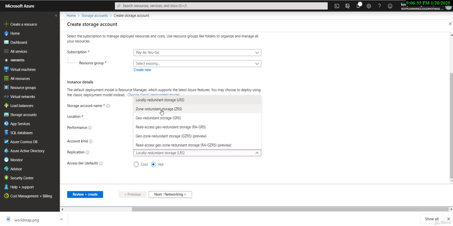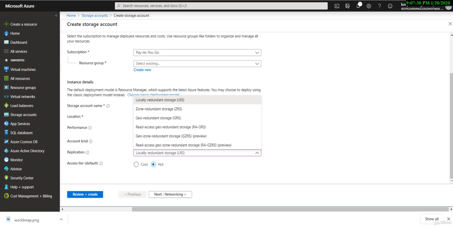Also, ZRS may not protect your data against a regional disaster where multiple zones are permanently affected. Instead, ZRS offers resiliency for your data in case of unavailability. With ZRS, you are maintaining three copies of your data, but that data is replicated three times across two or multiple facilities, either within a single region or across two regions.